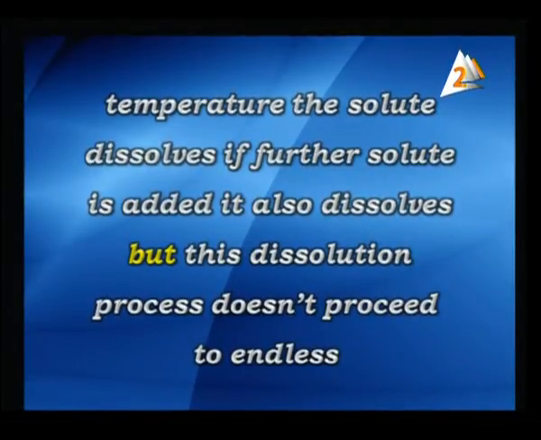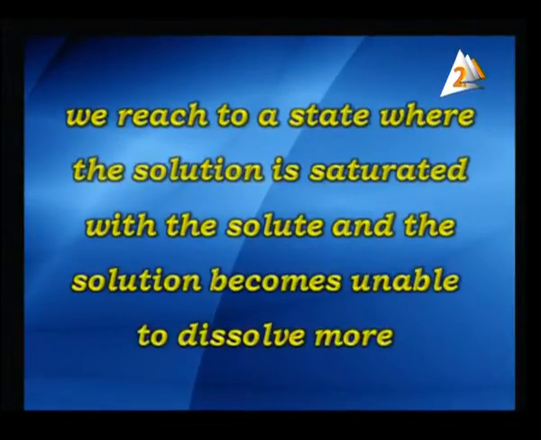Why do we say that? Because it reaches the state where the solution is saturated. Saturated means it is full of the salt, and the solution becomes unable to dissolve more. We cannot dissolve an additional amount of the salt in the solution.